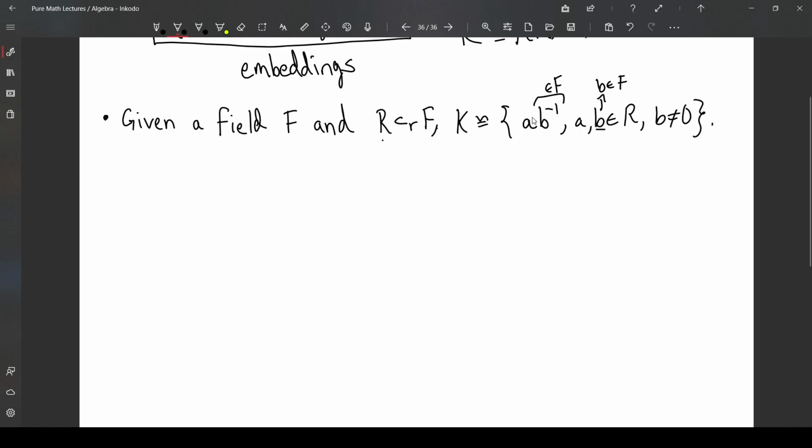Okay. The last thing is again going to be something that mimics stuff that we'll see in Galois theory.